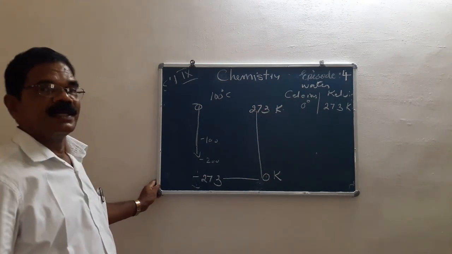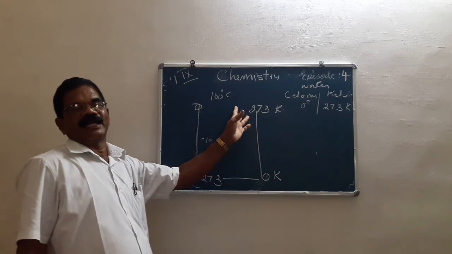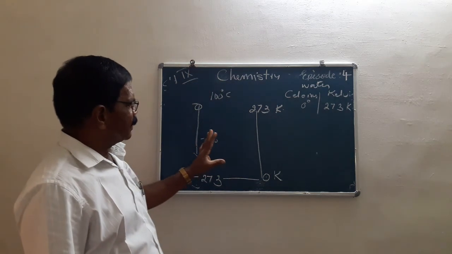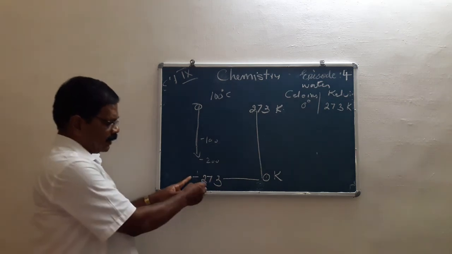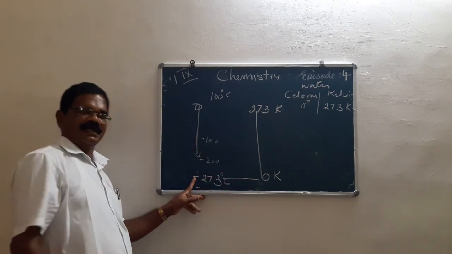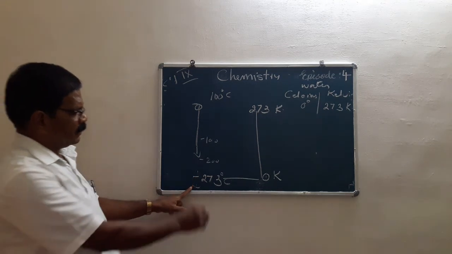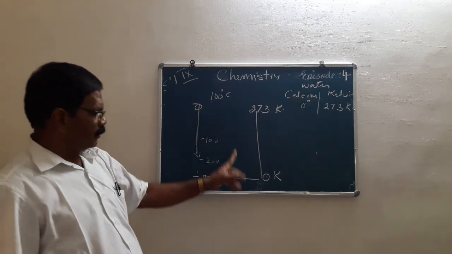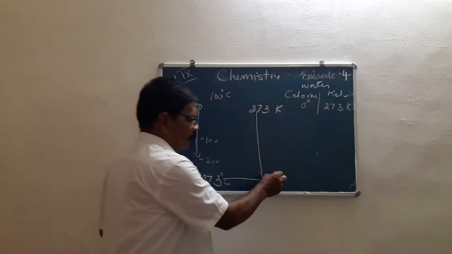You need not worry about understanding this; you must remember that the scientist Kelvin found that the least temperature a substance can attain is negative 273 degrees centigrade. He declared that a body cannot get to negative 274. So negative 273 degrees he noted as 0 Kelvin.